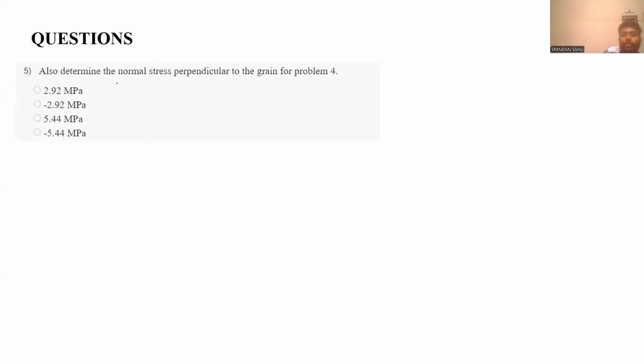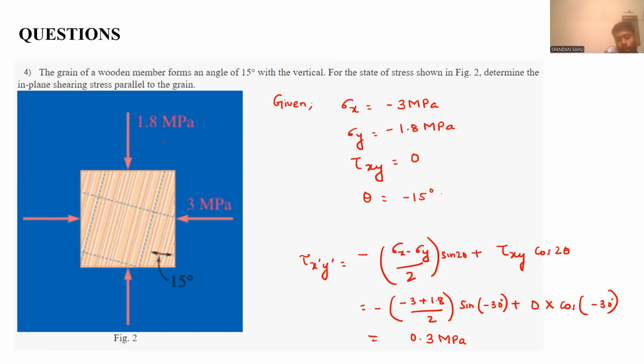Now, the second question they are asking is the normal stress perpendicular to the grain. Normal stress perpendicular to the grain means this normal stress.